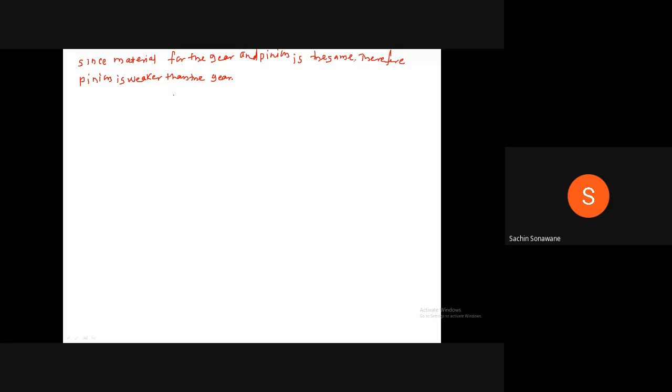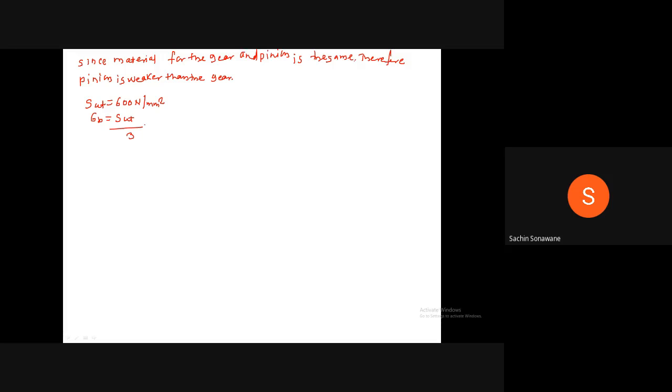First of all, they have given us SUT. SUT is equal to 600 Newton per mm square. Based on SUT, we will find out sigma B, that is bending stress. Sigma B is equal to SUT divided by 3.